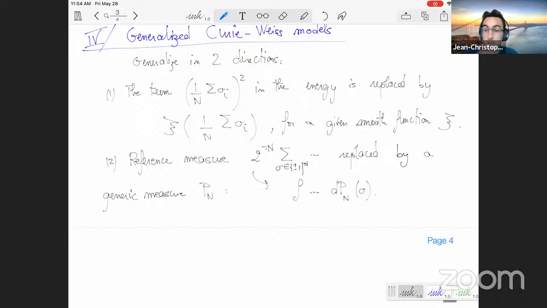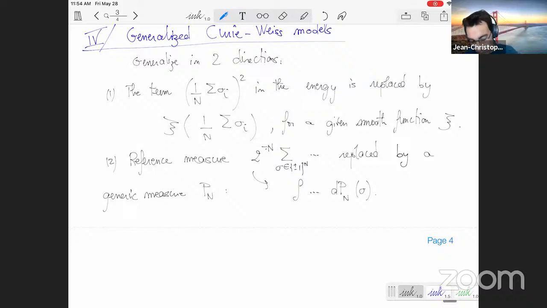So if Pn is this product of Bernoulli measures, then we recover the original. Another way to say it is that we consider generalized spins. Maybe they are uniformly distributed over the interval 0, 1, for instance. And I still want to make sure that they are bounded. I don't want to have complications because the sigmas go out of the window.